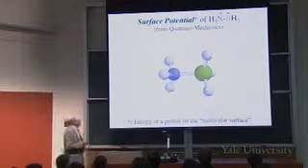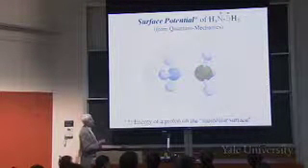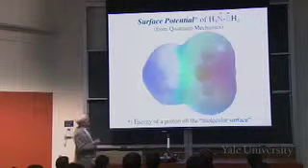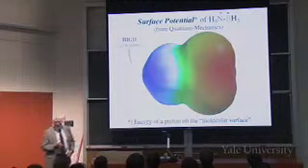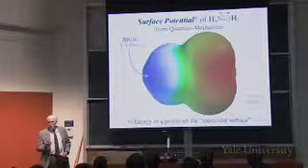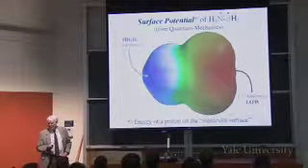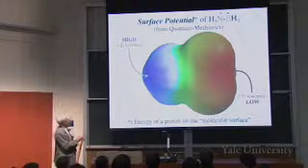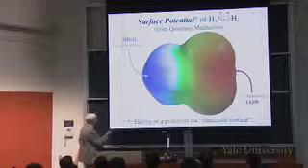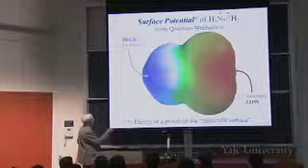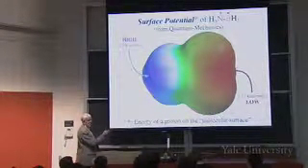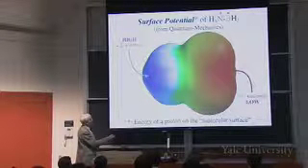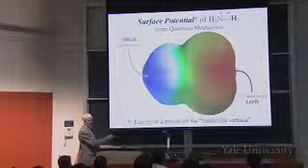That's jumping the gun. But that's the surface, and it's color-coded to show the energy a proton would have if it were on the surface at that point. So what you see is that the energy of the proton would be high if it's here, where it's very blue. The energy of the proton would be low if it's in this region here.